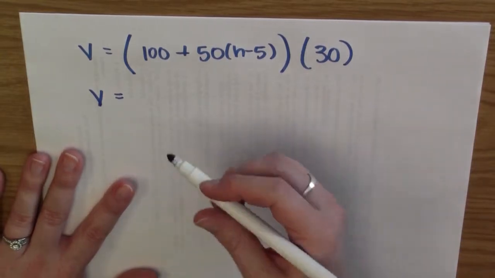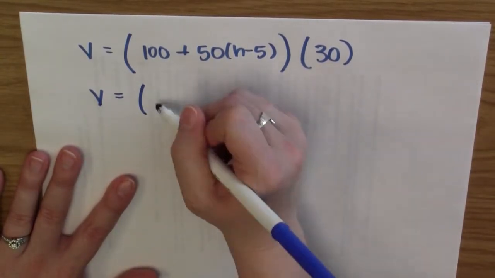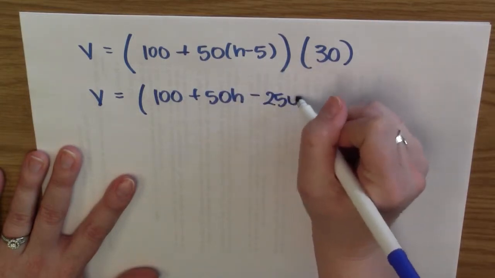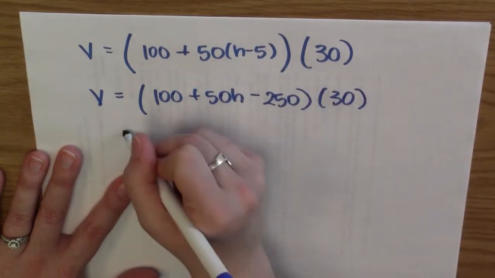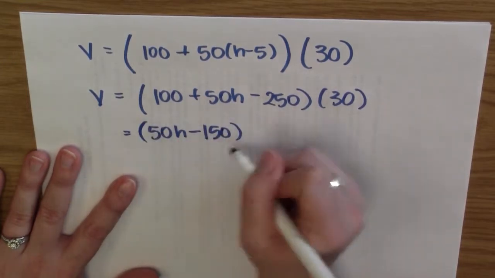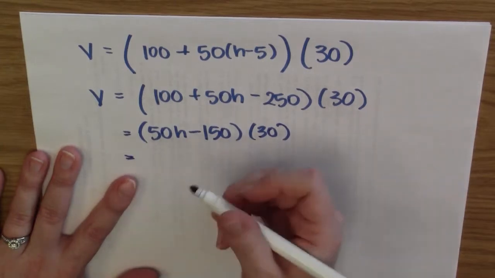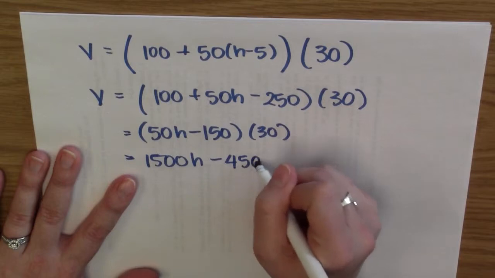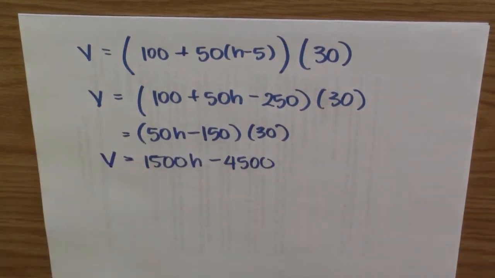So volume in this case is 100 plus 50h minus 250 times 30, or 50h minus 150 times 30, or 1500h minus 4500. So this is my volume function. You notice that I only have one variable here, which kind of makes sense because I don't have this width that's changing all the time anymore since I'm above that triangular section.